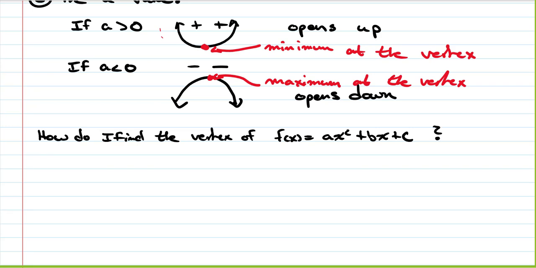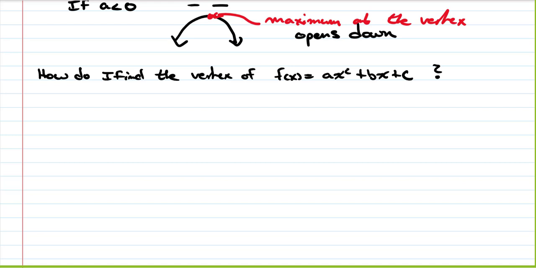Well, that is a good question. As always, we can answer most good questions with a wonderful picture. So let's draw a picture and see if we can figure this out.